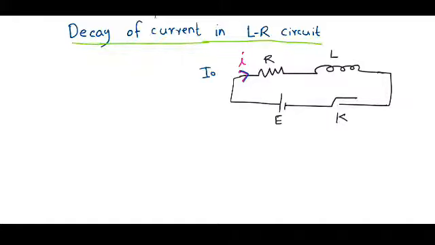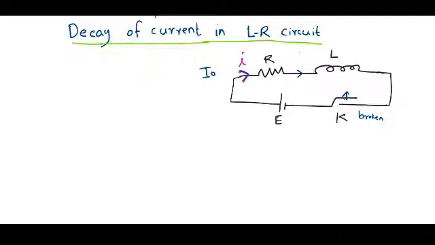If the key is opened, the circuit is broken, then the steady current which was flowing through this circuit starts to decay or decrease.